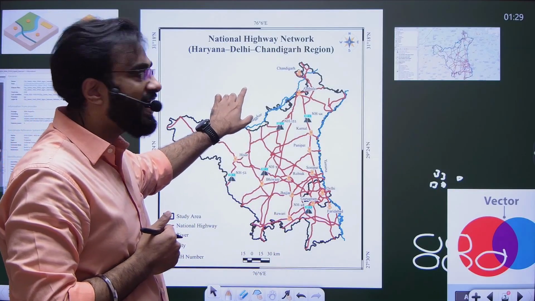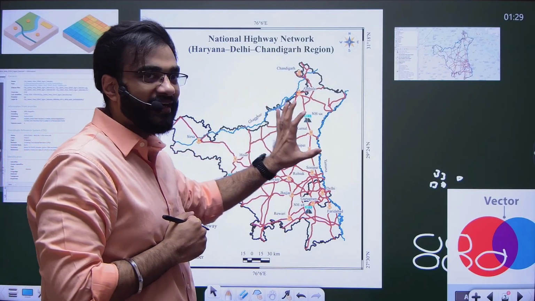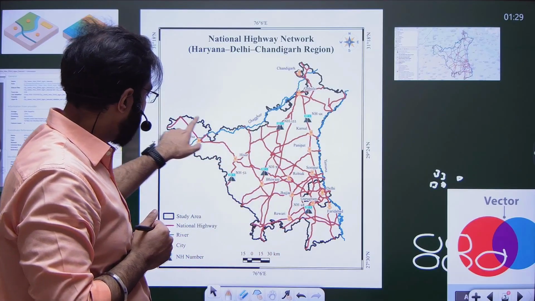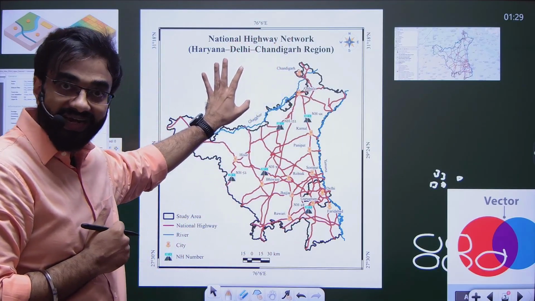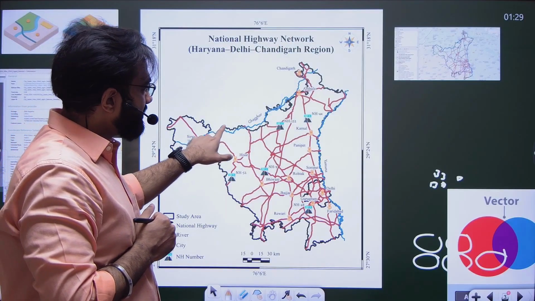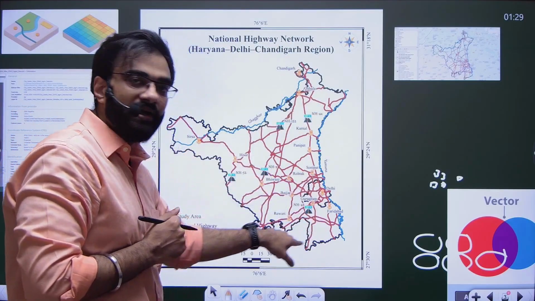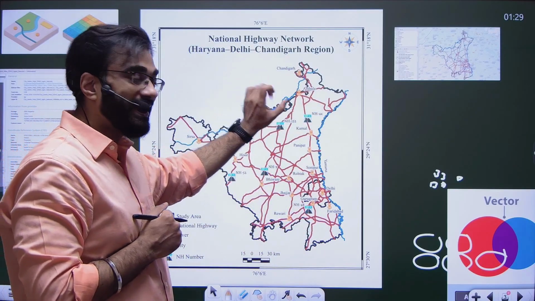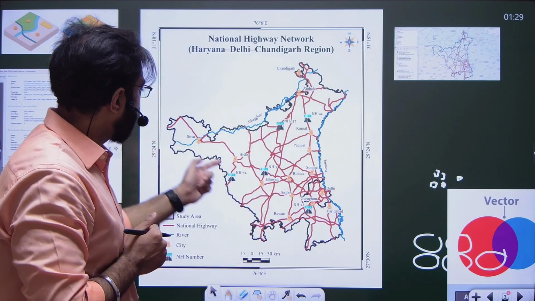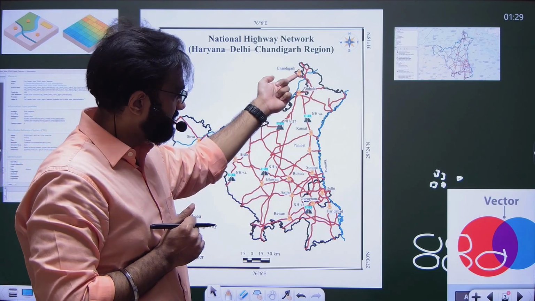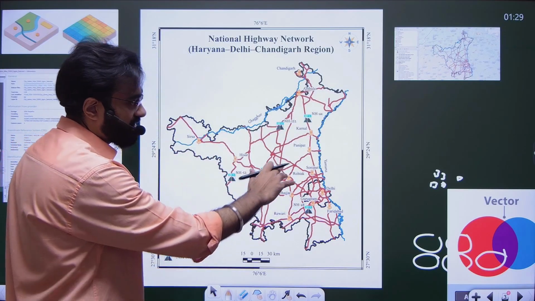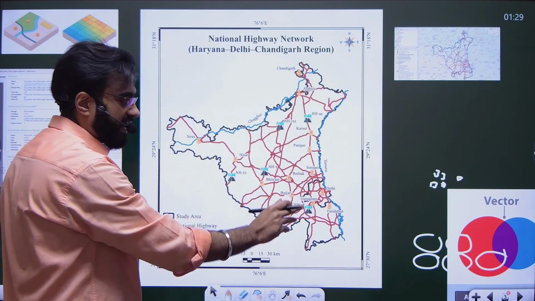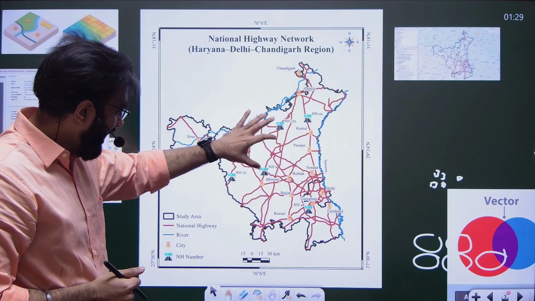Now, this file has been created through vectors. You can see the polygon. This is Haryana, Delhi, Chandigarh. You can read by the heading. This is the polygon data, and it is joined, so it is vector data. Then you can see the line data: rivers Ghaggar, Yamuna, and national highways NH9, NH44, NH152. These are the line data.